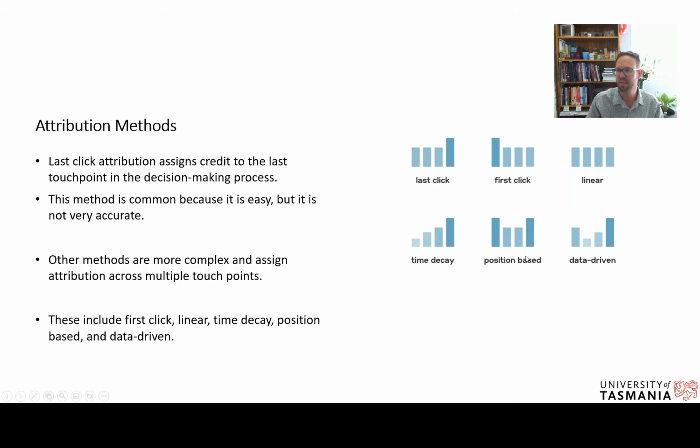And then position based, where you go, well, obviously the first thing that initiated their consumer decision making process, and the last one completed it. So obviously the first thing that they did and the last thing that they did were the most important, which is not technically accurate. And then data driven, which is the coolest, which is where you want to get to. Remember our sales funnel? I don't want to go back to all those slides, but just say we had 100 people coming in that were interested in our product, and then at the next stage, we lost 20% of our customers.